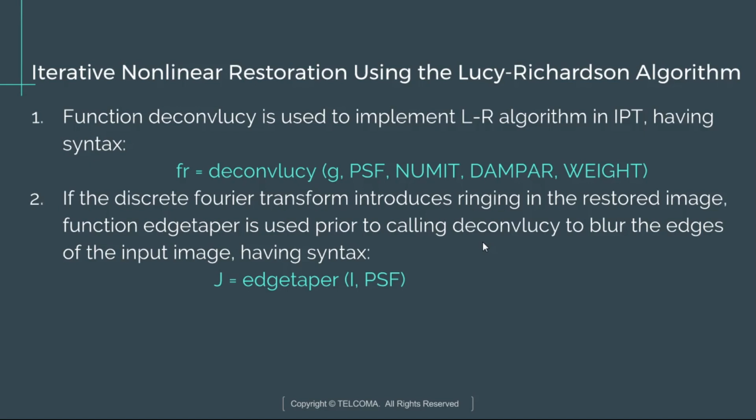The function deconvlucy is used to implement the LR algorithm in IPT, which has the general syntax fr = deconvlucy(g, psf, numit, damper, weight), where fr is the restored image, g is the degraded image, psf is the point spread function, numit is the number of iterations and its default value is 10, damper is a scalar that specifies the threshold deviation of the resulting image from image g, and weight is an array of the same size as g that assigns a weight to each pixel to reflect its quality.